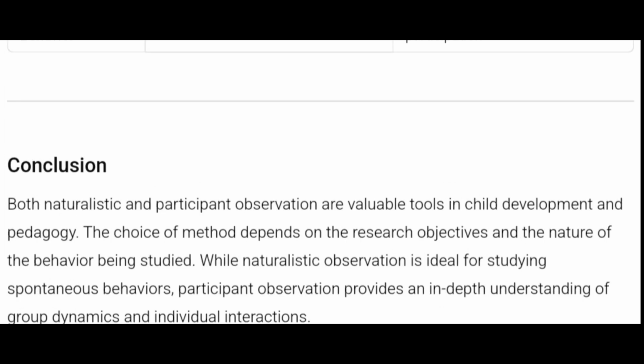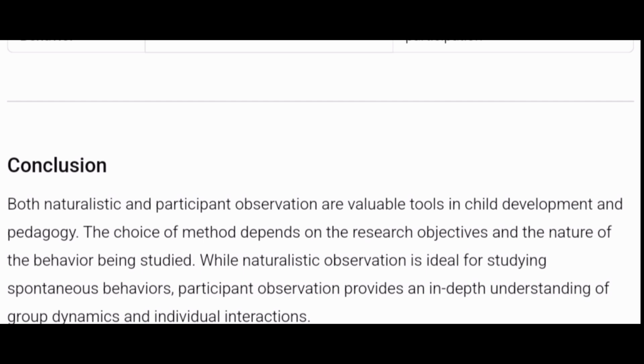Both naturalistic and participant observation are valuable tools in child development and pedagogy. Both naturalistic observation as well as participant observation are important and valuable tools of child study. The choice of method depends on the research objectives and the nature of the behavior being studied.